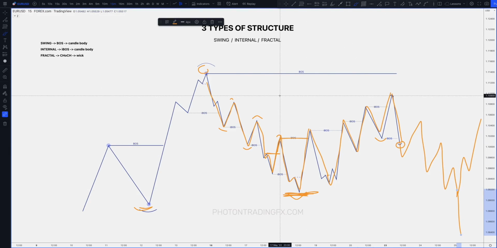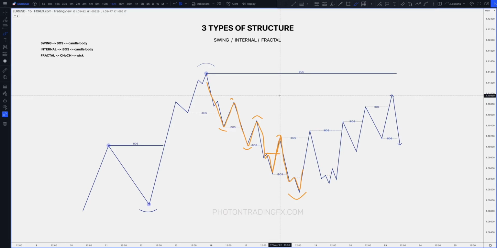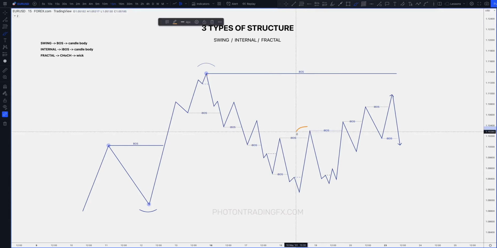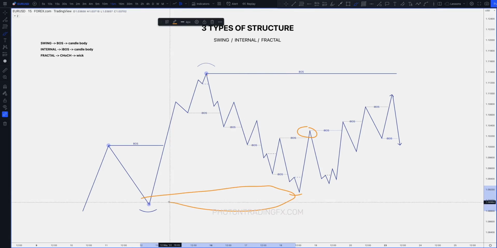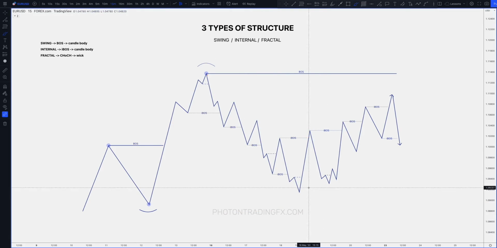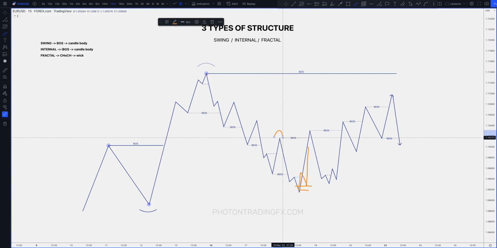But that's the way in which we use this concept, and hopefully it should keep you out of some premature losses, waiting for that bit of extra confirmation. But like I said, you don't have to always wait for there to be an IBOS to want to get long, especially if we come into a really good area of value, etc. You'll learn about this more later in the course. If we get this little bullish CHoCH here, you can get in long here. Just understand it's more aggressive, and you may want to take partial profits as price comes up to that lower high, because at this point, what is this?